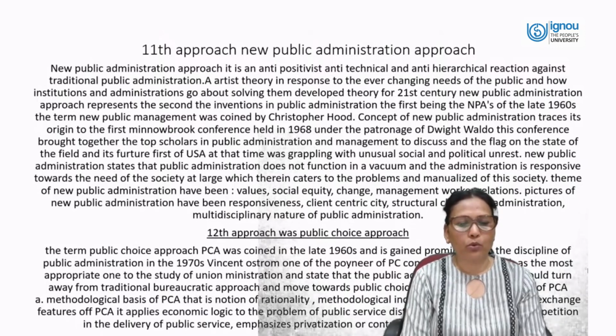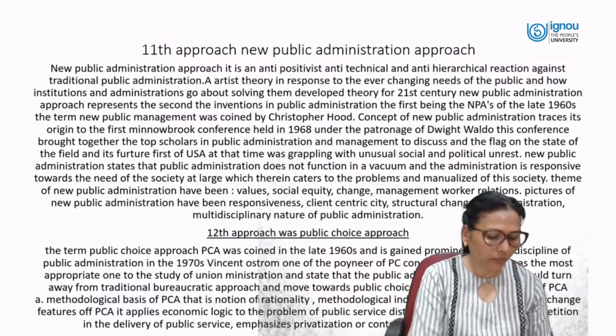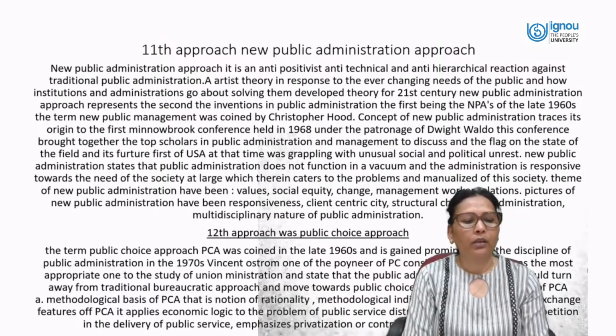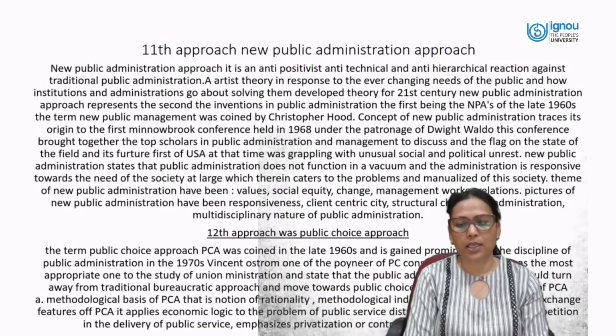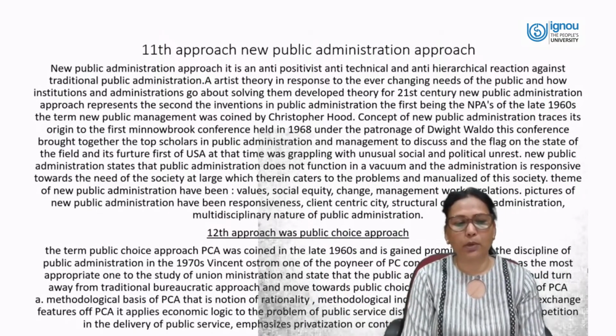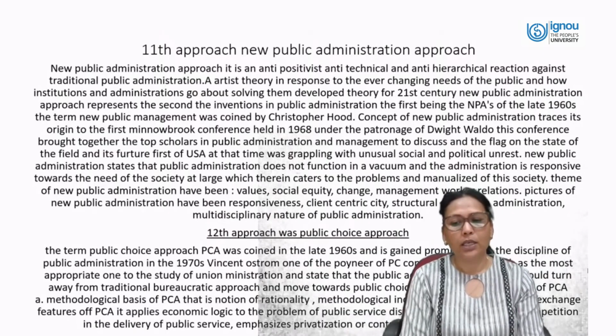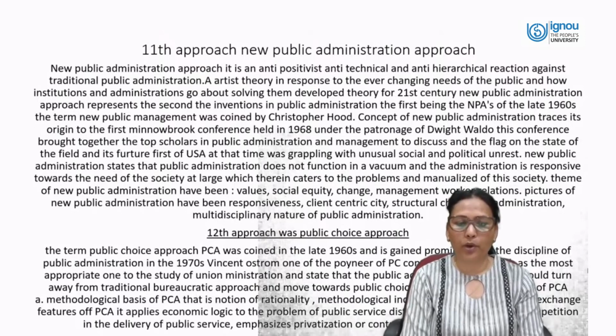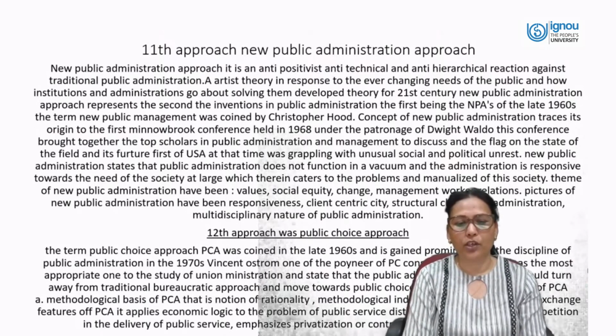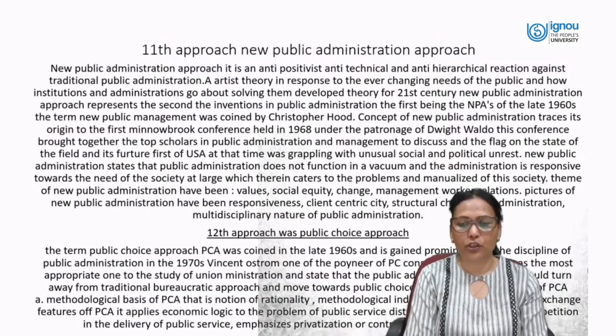Now, the 12th approach was the public choice approach. The term public choice approach (PCA) was coined in the late 1960s and gained prominence in the discipline of public administration in the 1970s. Vincent Ostrom, one of the pioneers of PCA, considers this approach the most appropriate one to the study of public administration and states that public administration scholars should turn away from the traditional bureaucratic approach and move towards the public choice approach.